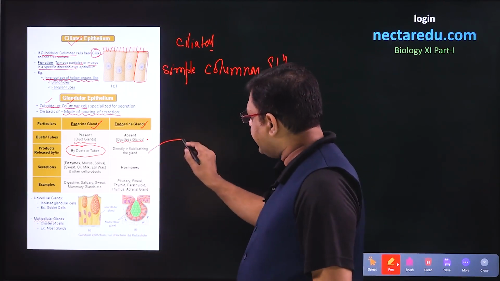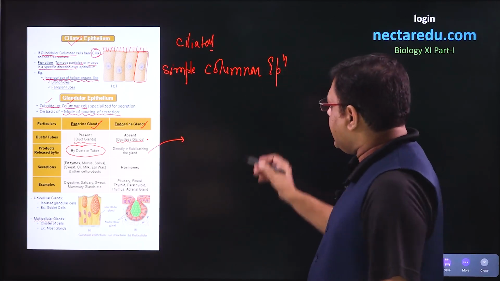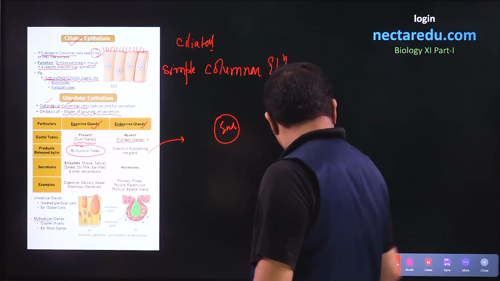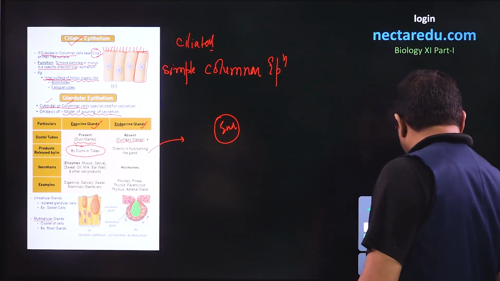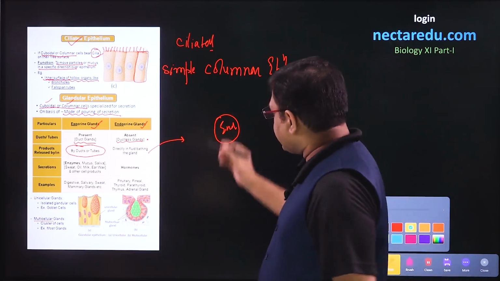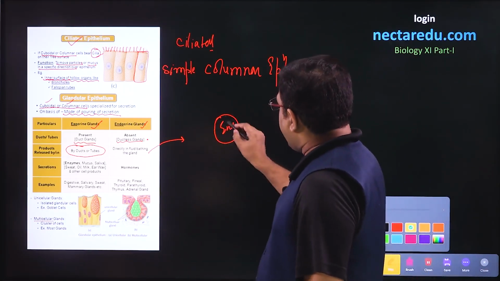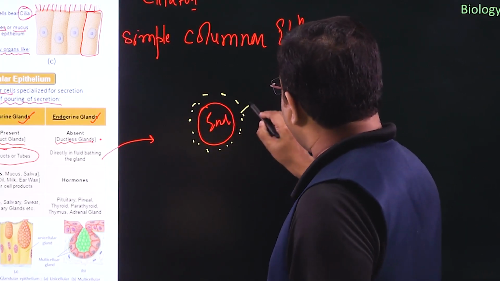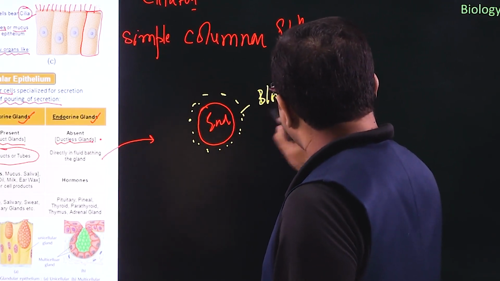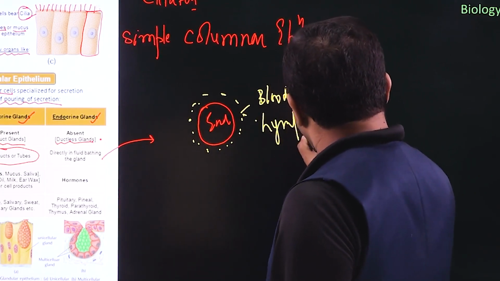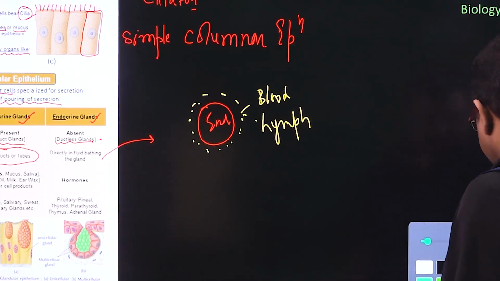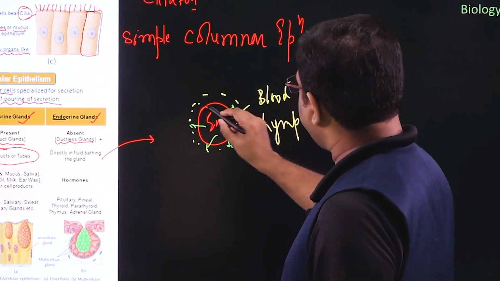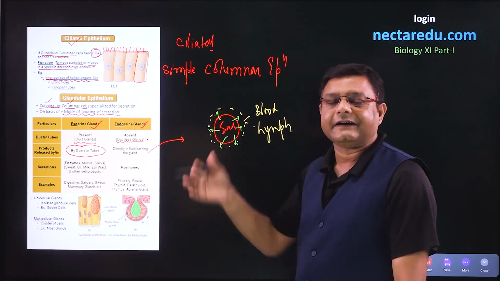So let us try to understand this particular point. If we say that this is an endocrine gland, this endocrine gland will not have any duct or tube, but the secretion will be coming out. Around this endocrine gland, usually there will be blood or it can be lymph. So whatever secretion comes out of this will diffuse into the fluid, that is blood or lymph, in which this particular gland is bathed.